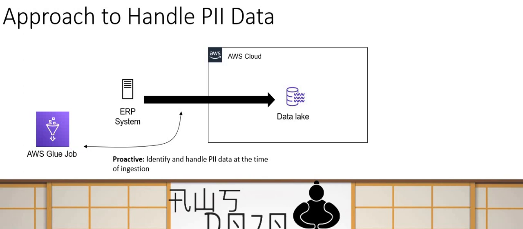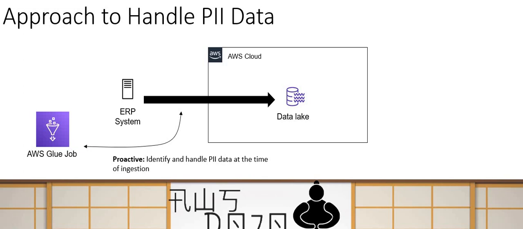So try to hit the problem at the source, and the source is when the data gets ingested into the data platform. Simply identify the PII information at that point of time and handle it, whatever method you choose. So that's a proactive approach.